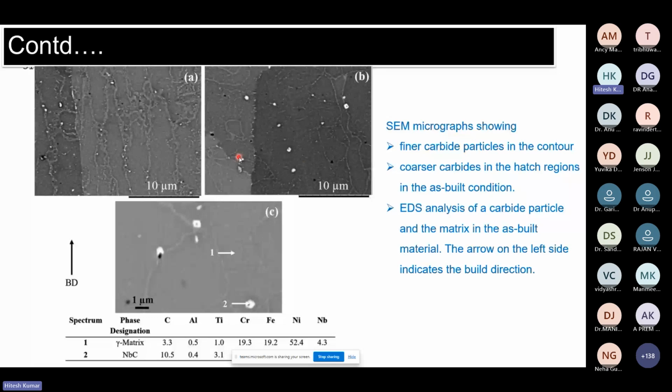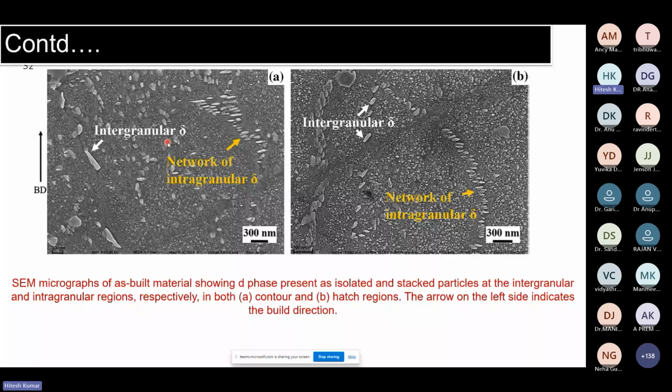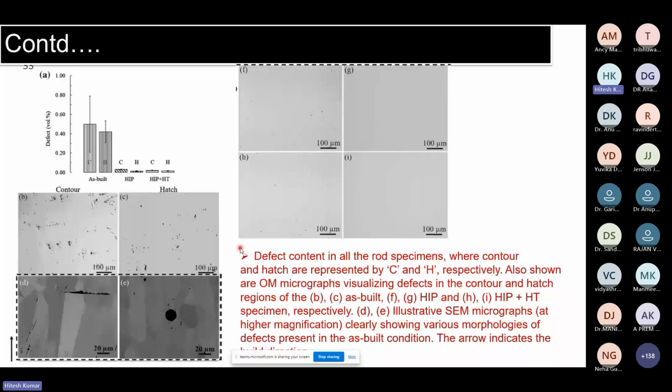We also tried to find out their distribution in the hatch and in the contour direction, which basically has an intergranular gamma as well as intergranular carbide network. The size of both is different. We also tried to find out the defects in terms of volume. As-built has the higher defects.